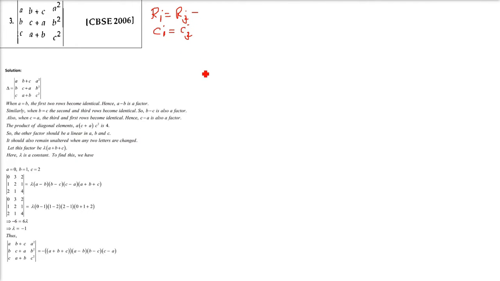See, we have a, b. If we write a in place of b, in the first row we get a plus c. I'm writing a in place of b, then a square. Then in place of b, we're writing a.